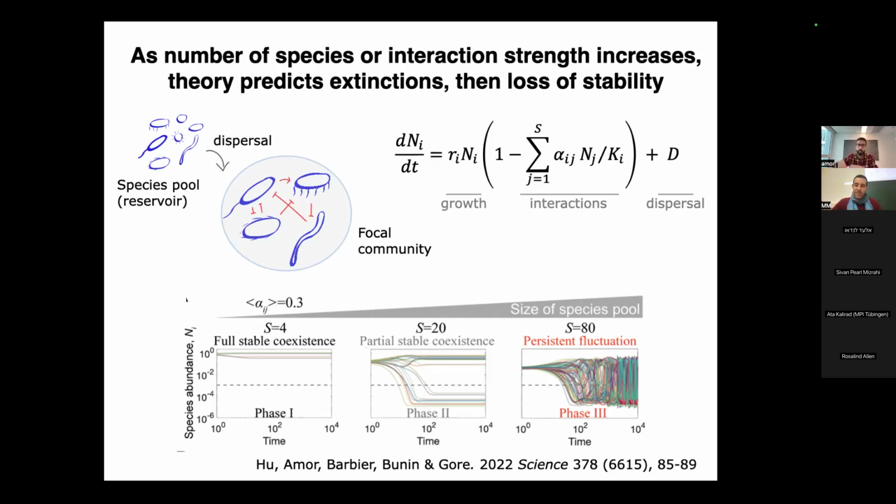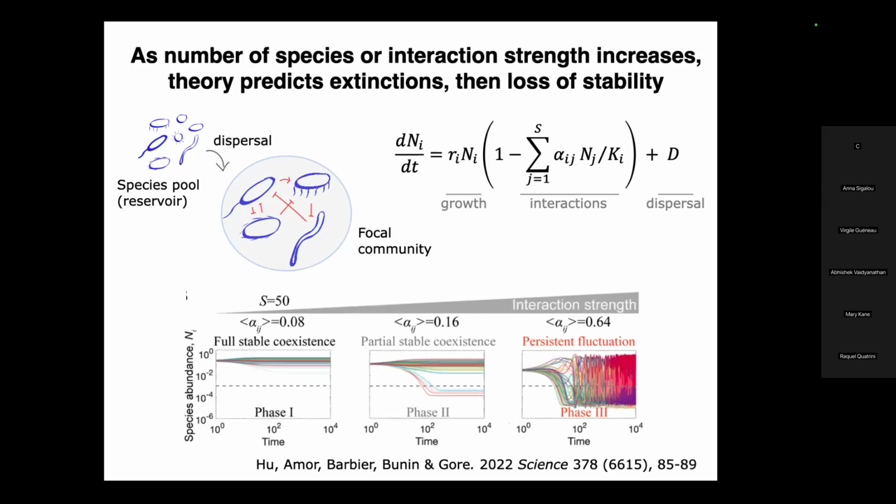And this situation in which species are going up and down in abundance keeps on in the long term. So the same kind of phenomenon happens not only if we increase the number of the species for a given distribution of the interaction terms, but we can also fix the number of the species.